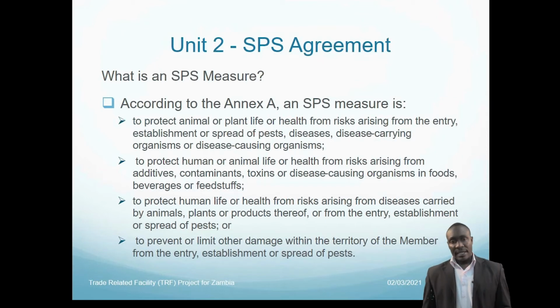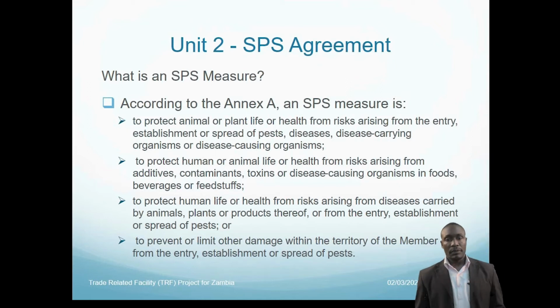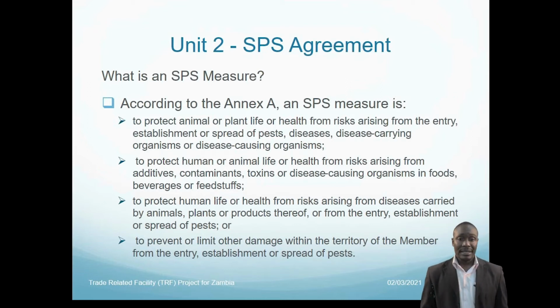The third aspect is anything that you do to protect your human life or health arising from diseases carried by animals, plants, or their products, or from the entry, establishment, and the spread of these pests and diseases. Anything else that you do to prevent or limit any other damage within your territory as a member country is an SPS measure.